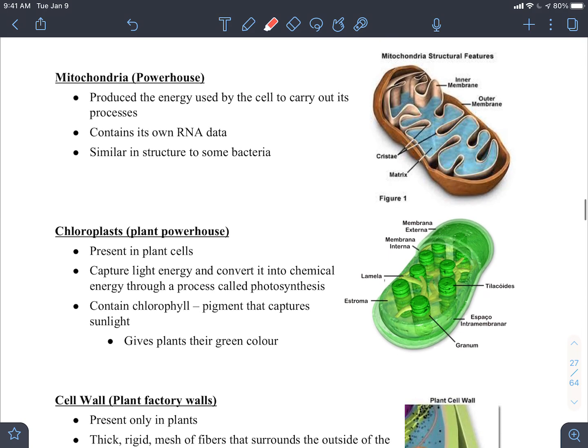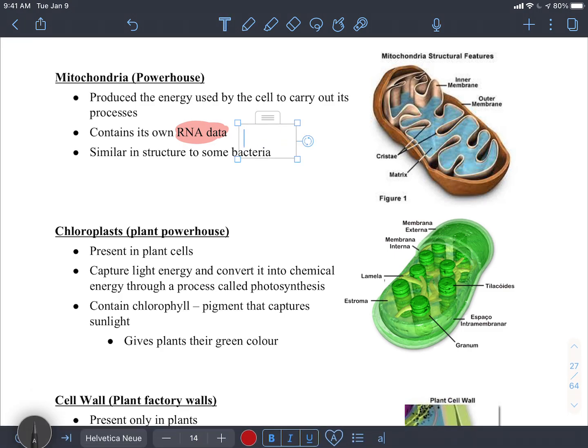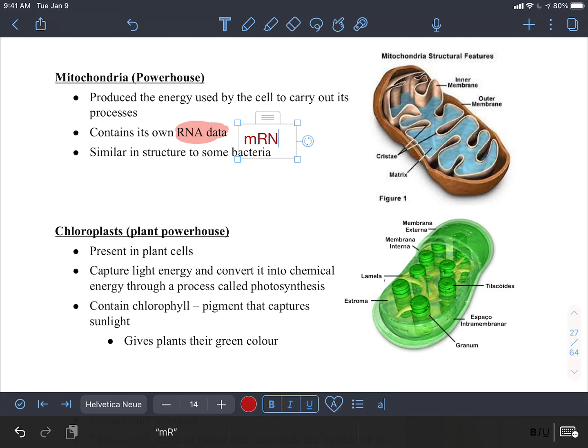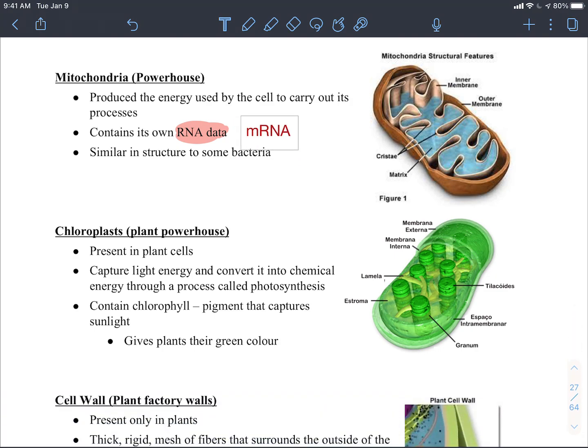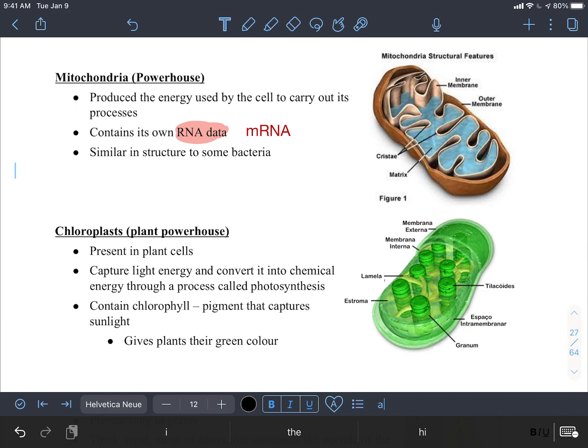Mitochondria, these are the powerhouse. They are really interesting. They have their own RNA, a type of chemical that stores information. I believe we've already mentioned it in another class or in some videos about phylogenetics and how they establish phylogenetics using RNA.